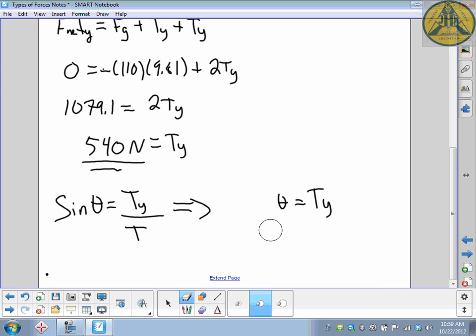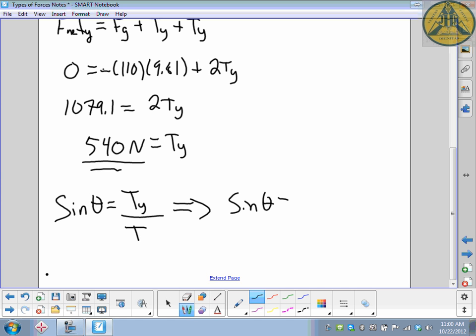Sorry, recheck this. We're not solving for Ty, we're solving for the sine of the angle, which is exactly in the formula that I have. Ty is 540. Tension is 2100. Both are newtons, and both units will divide out.